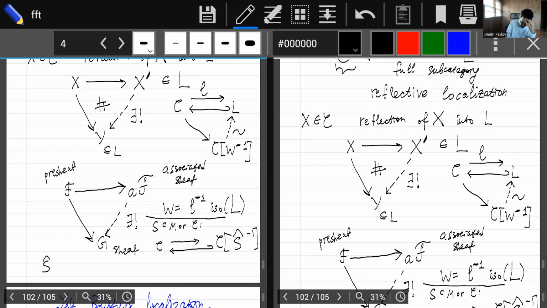So here S hat is the saturation of S. Why is this saturation necessary? If somebody just gives you a set of morphisms in a category, and you just take its category of fractions without saturation, you get some other category which typically will not be a reflective localization.